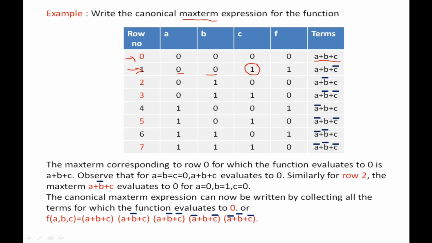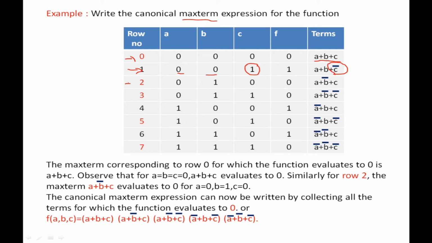So here A is represented in uncomplemented form, B is also uncomplemented, whereas C is going to be represented in complemented form. Why? Because of 1. So this is just the opposite of your min term, where in the min term 0 was represented in complemented form and 1 in uncomplemented form. In the max term we represent 0 as uncomplemented and 1 as complemented. This is a product of sum form, just remember that.